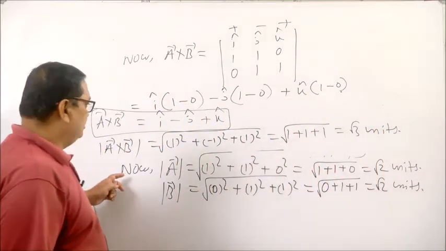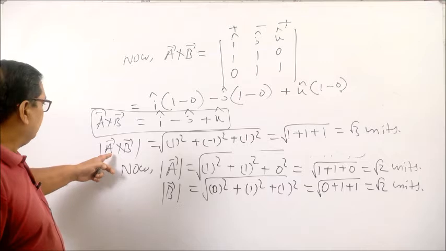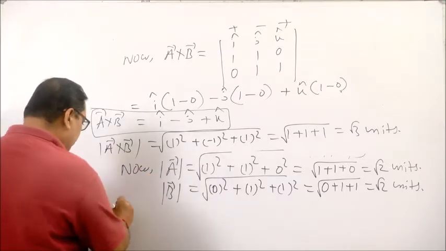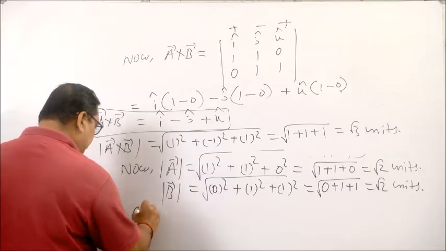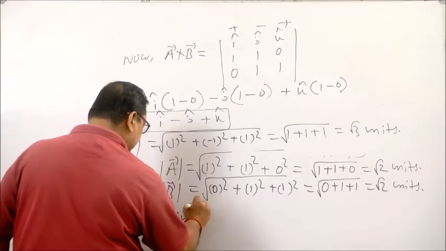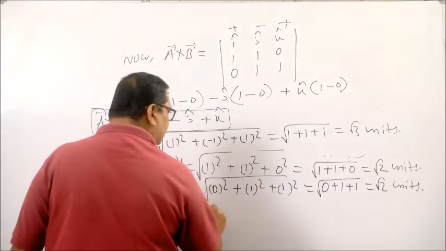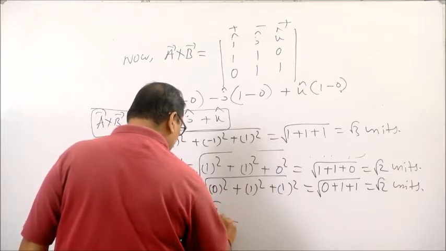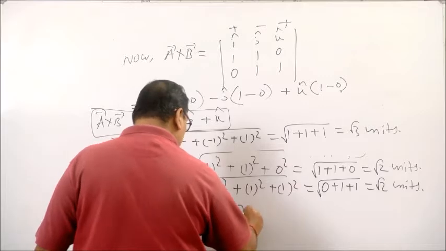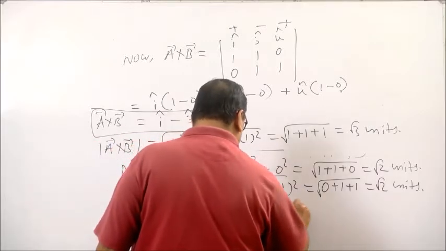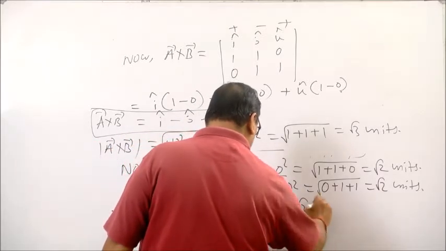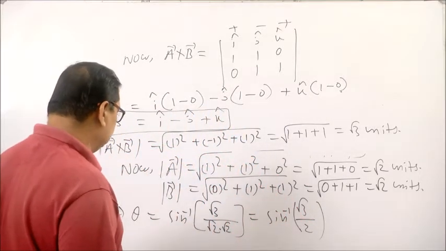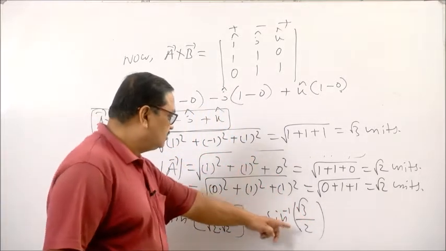So we have found the modulus of A cross B, modulus of A, and modulus of B. Then put these values in the formula: theta equals sin inverse of modulus of A cross B, that is root 3, divided by modulus A and modulus B, root 2 and root 2. So this is sin inverse root 3 by 2. Theta equals sin inverse root 3 by 2.